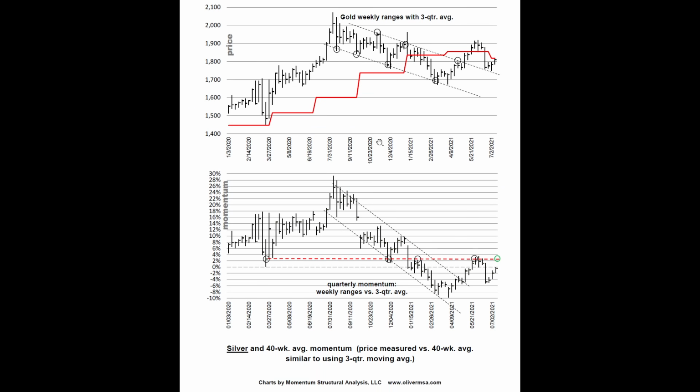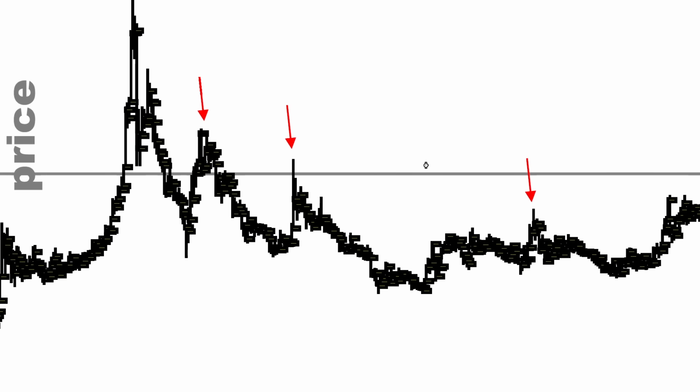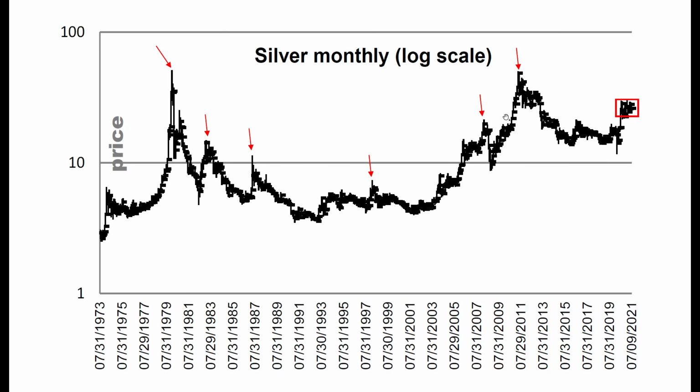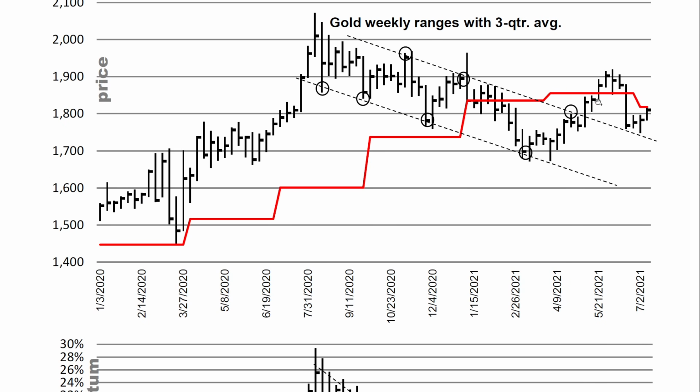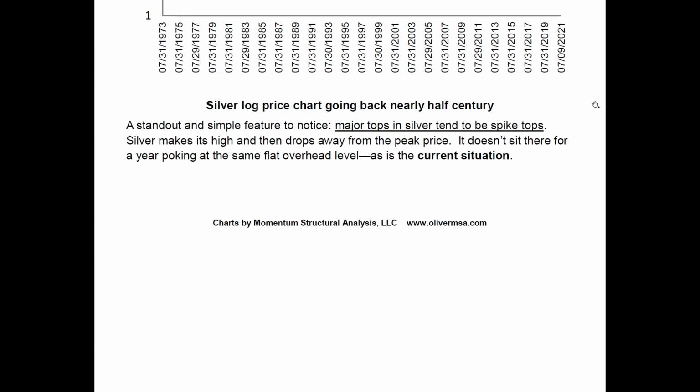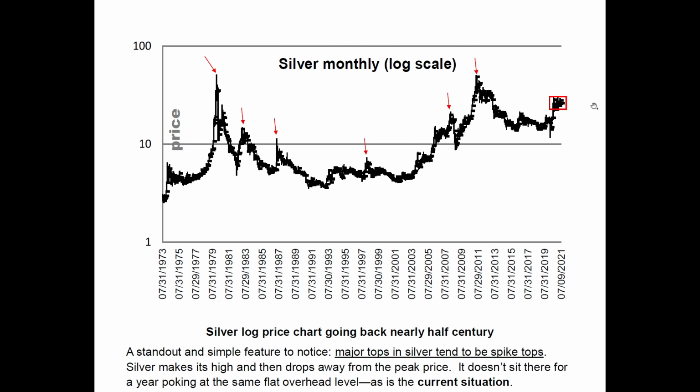Then you get $8,000, $9,000, $10,000 gold, and you're talking silver well in the hundreds. So I think silver could become the next Bitcoin, based on my view of its technicals, its ratio to gold historically, and what's going on in the other major asset categories, such that you're left with basically one area to be in if you want to do what Ray Dalio said, and be concerned about the value of your money.